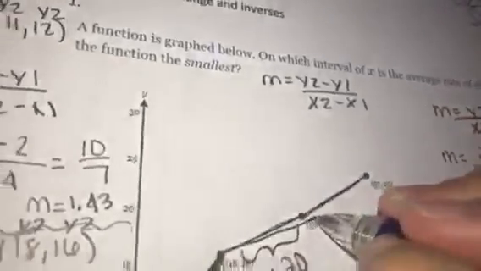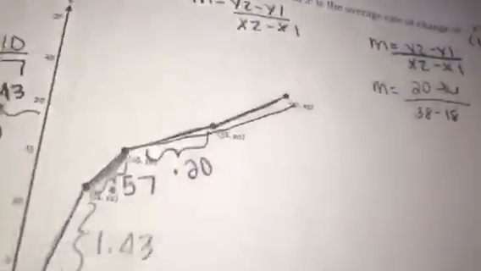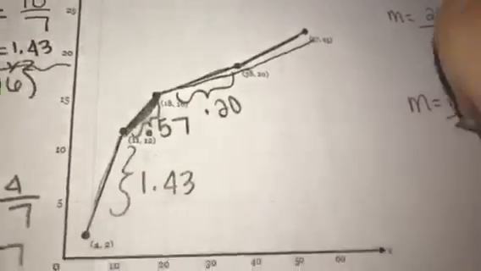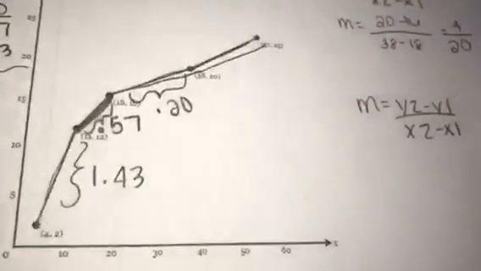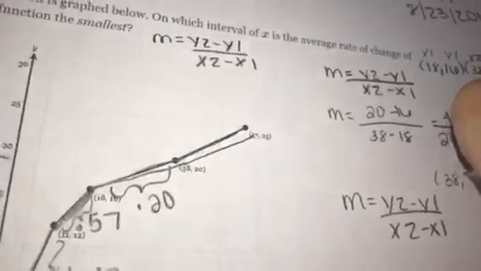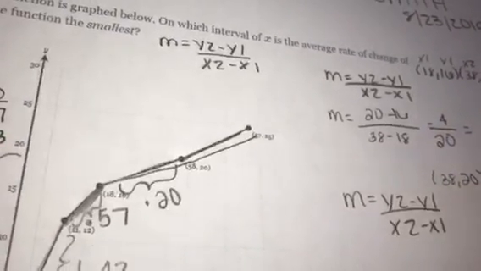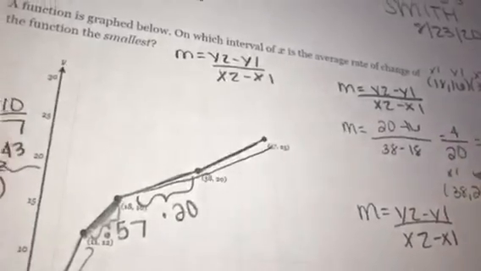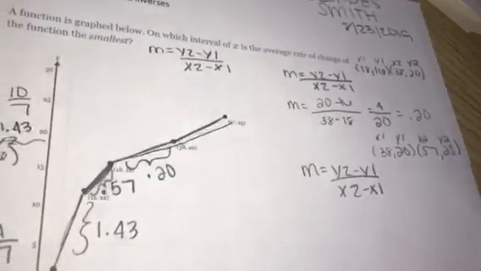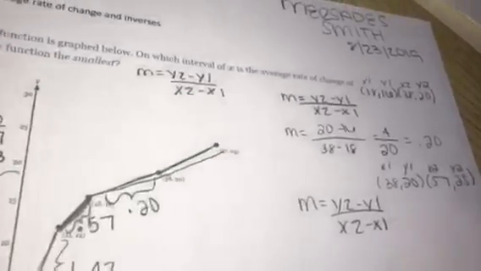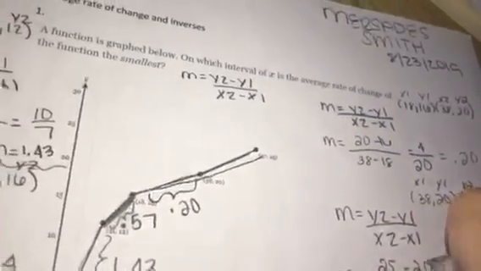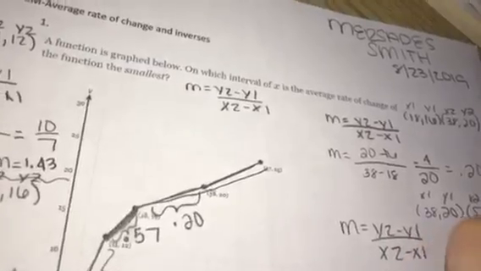Okay, so from 38, 20 to 57, 25, our last one, go ahead and write our formula. m equals y2 minus y1 over x2 minus x1. Writing our points, 38, 20 and 57, 25, we have m equals 25 minus 20 over 57 minus 38.